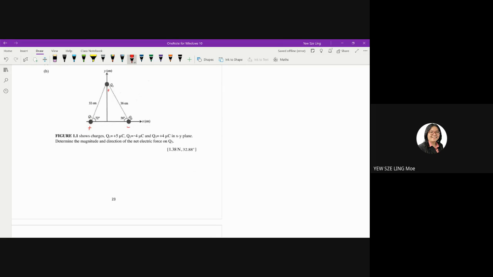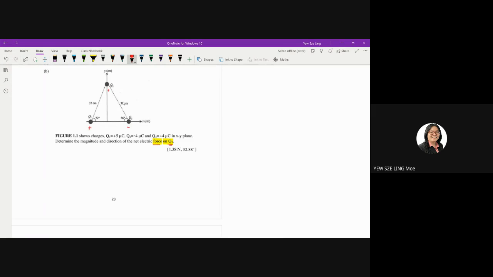Determine the magnitude and direction of the force on Q3. The two keywords in this question are force, not field, and the object is Q3. So Q3 is acting as our object in this question 7B.